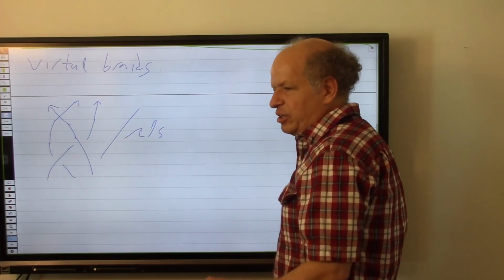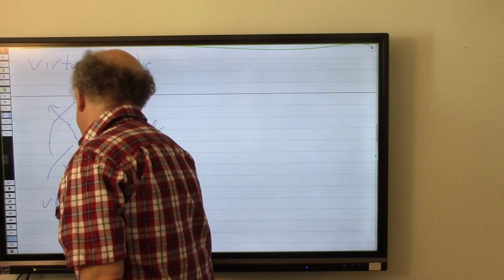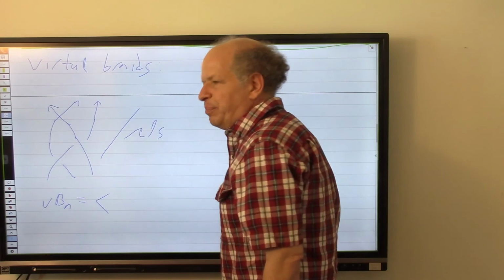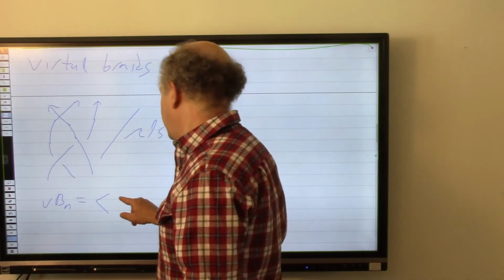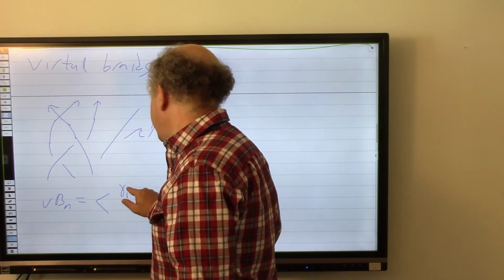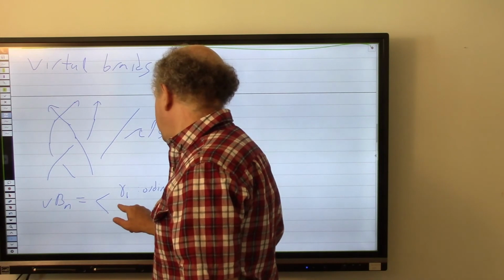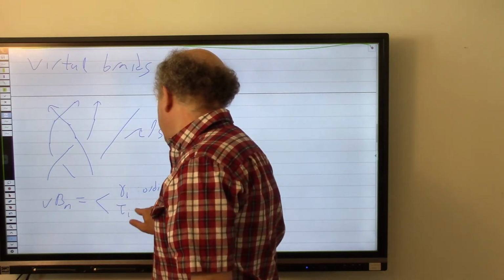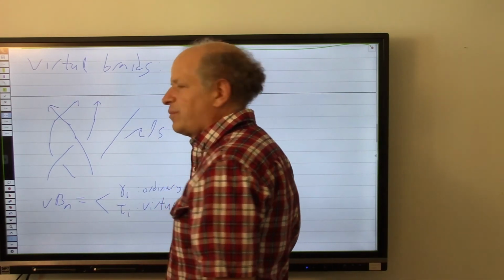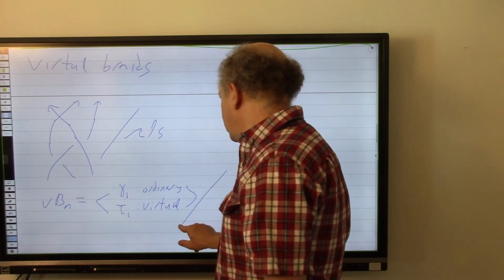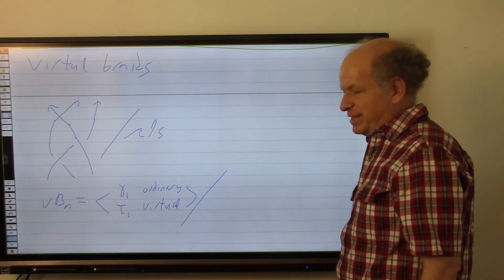But now let's turn it into algebra. So VB_n will be the group generated by two types of crossings: gamma_i, which are ordinary, and tau_i, which are virtual, modulo relations. And what are the relations?